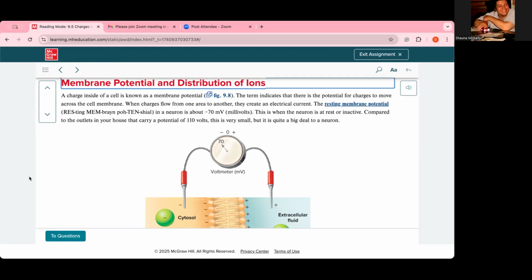That is when the neuron is at rest or inactive. Compared to the outlets in your house that carry a potential of 110 volts, this is very small, but it is quite a big deal to a neuron.